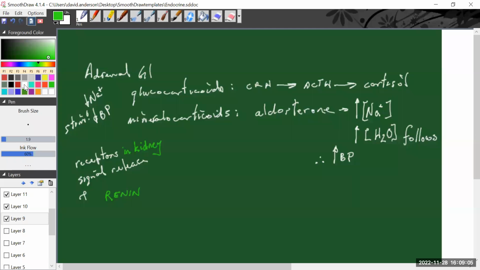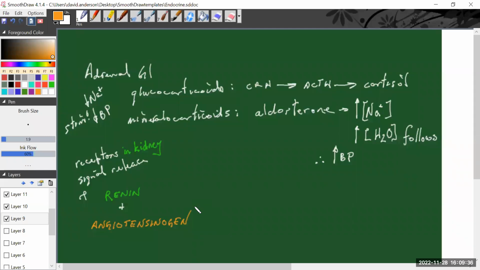Renin. Okay, so what renin is going to do is come across a protein that circulates in the blood that minds its own business, doesn't do anything unless it meets up with renin. And that protein is called angiotensinogen.